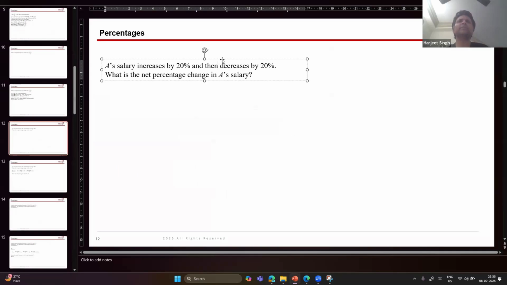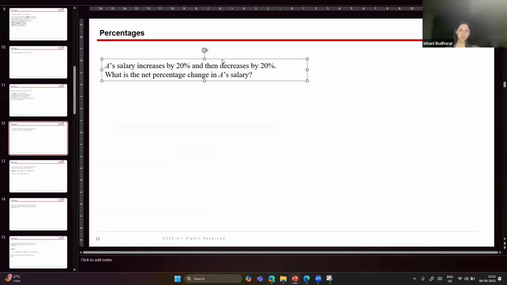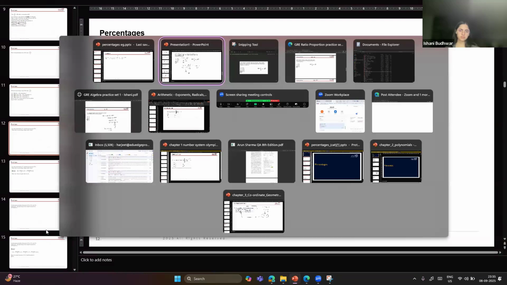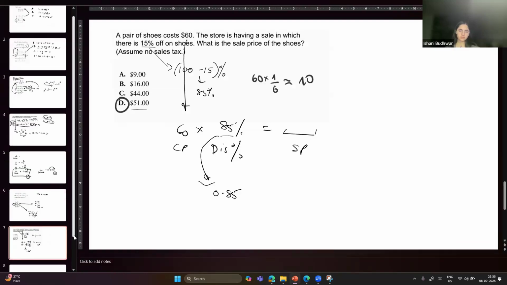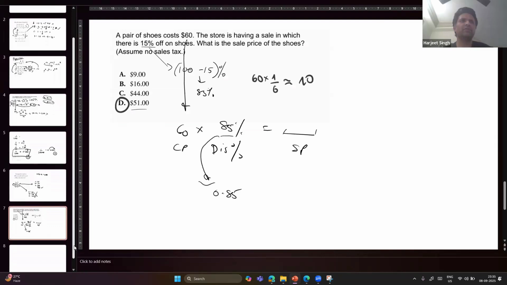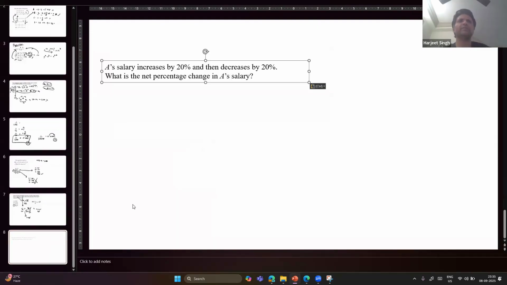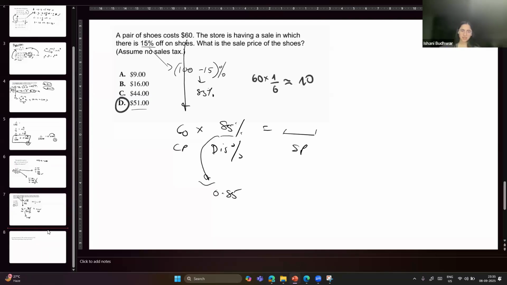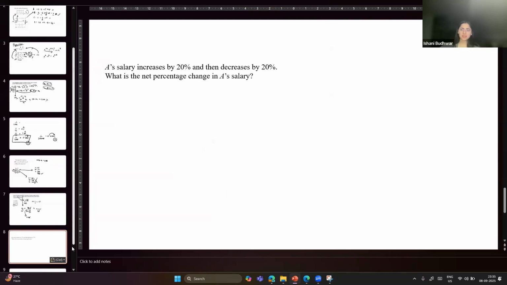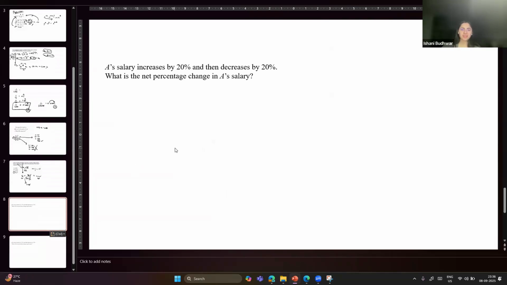Did we do such kind of problems? Okay. So how would you solve this one? You multiply A by 1.2.